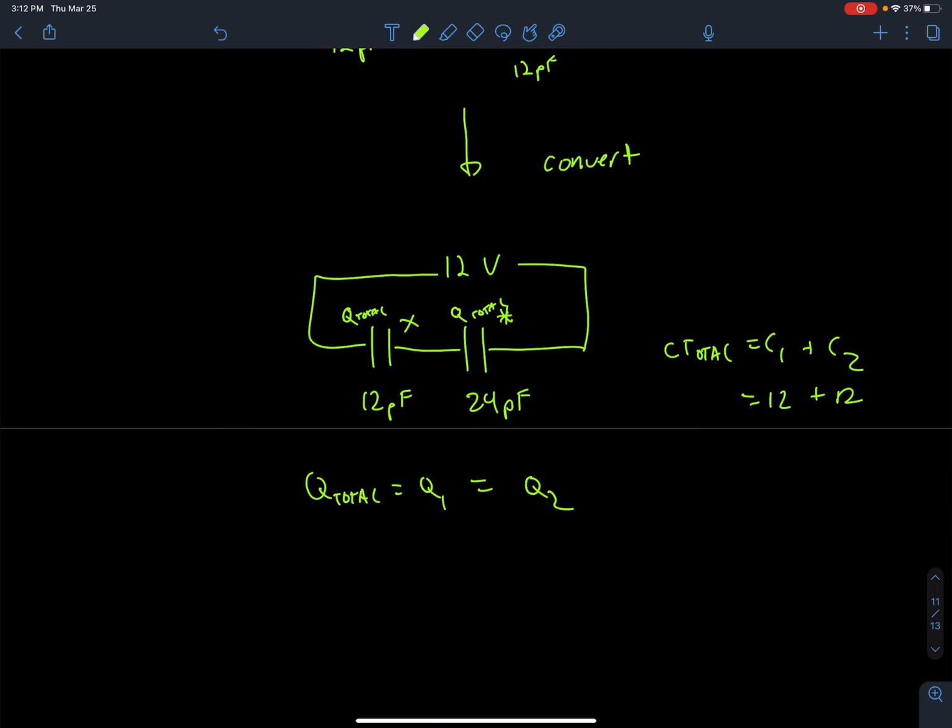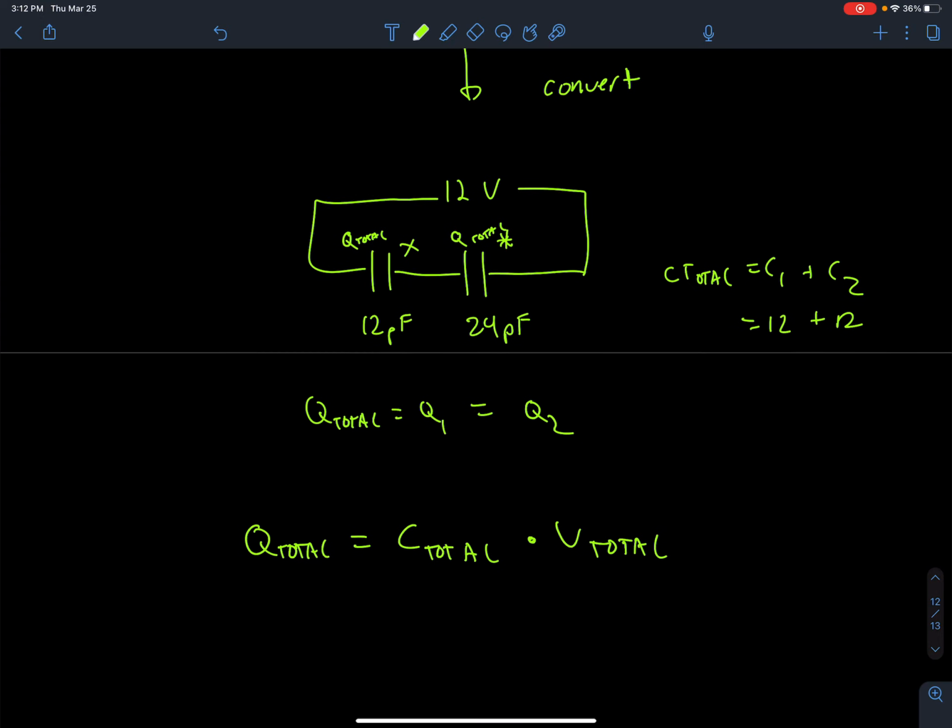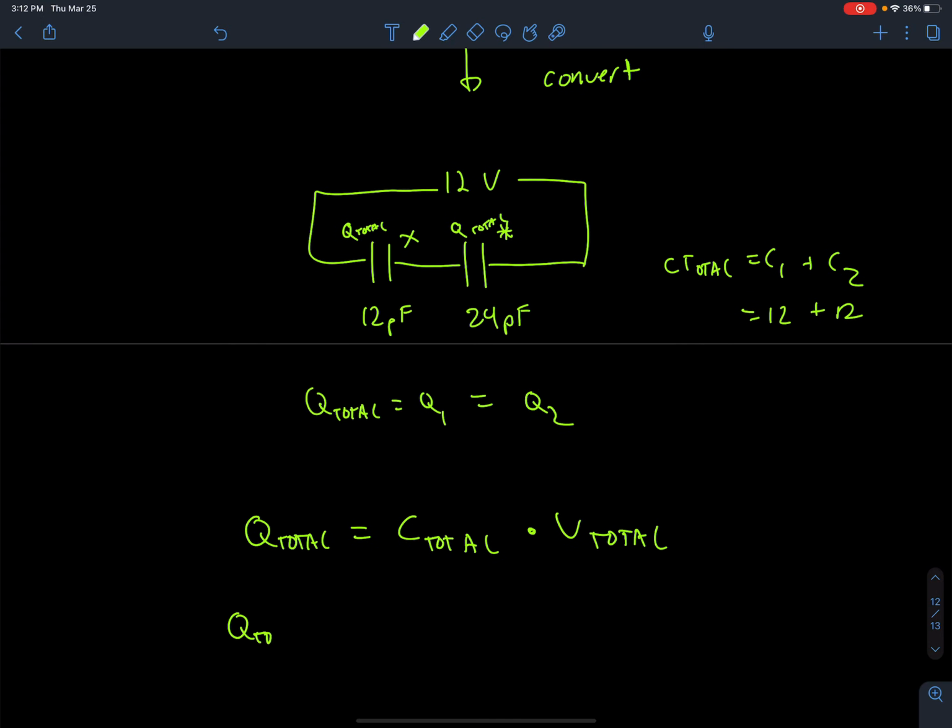All right, how do I do that? Well, to find the total charge on this bad boy over here, I need to find the Q total. In order to do that, Q total is going to be equal to C total times V total. Okay, so we got to get the C total, right?